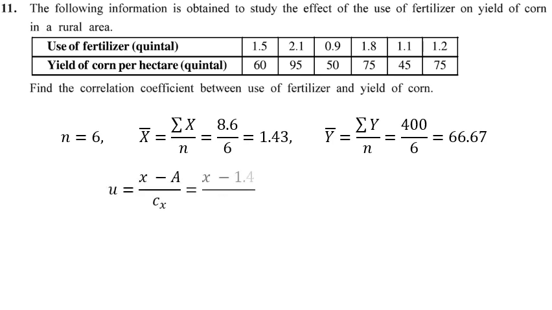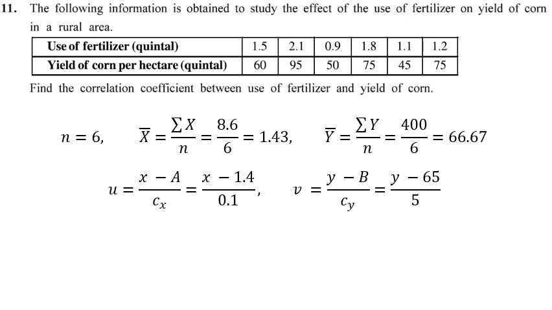For u, I will be deducting 1.4 and multiplying with 10. Multiplying with 10 is dividing by 0.1. For v, I will be deducting 65 and dividing it by 5 because, as you can see, the yield of corn per hectare, all of them are divisible by 5.